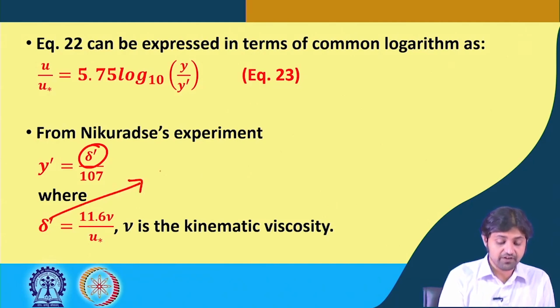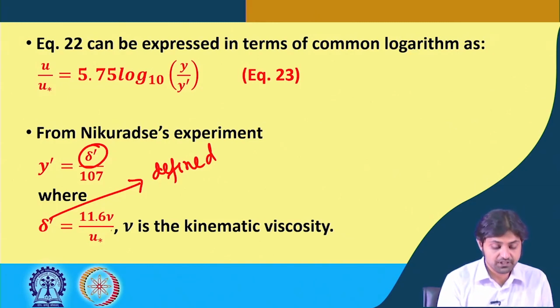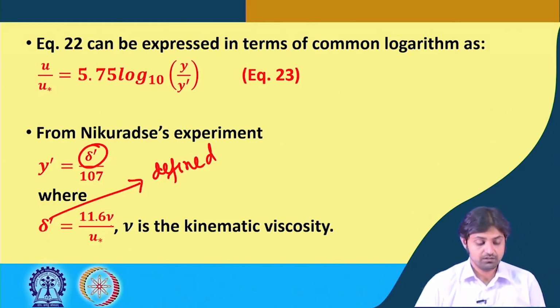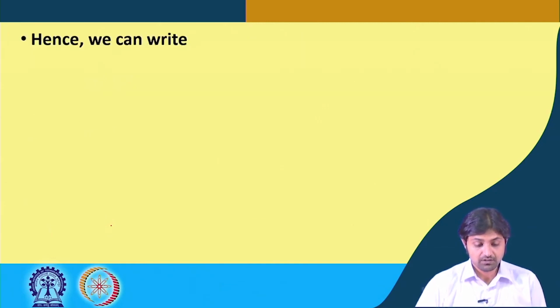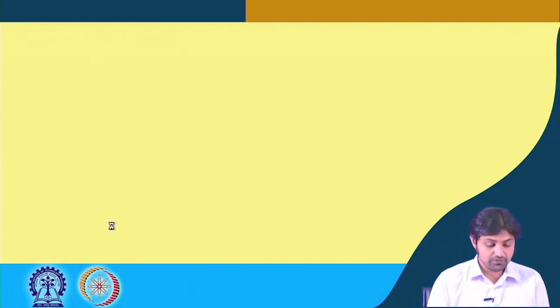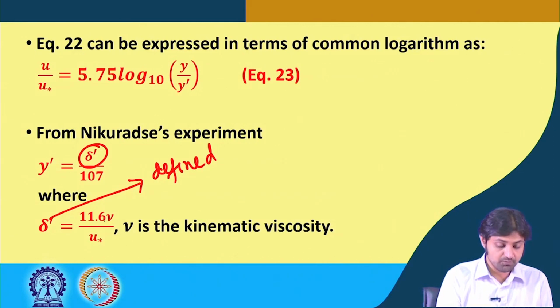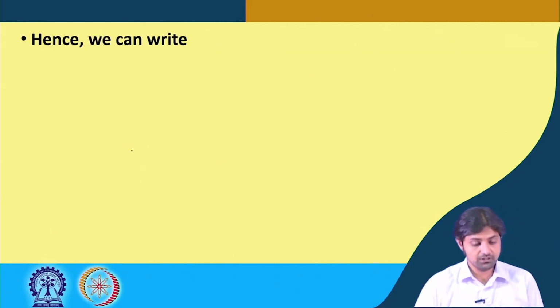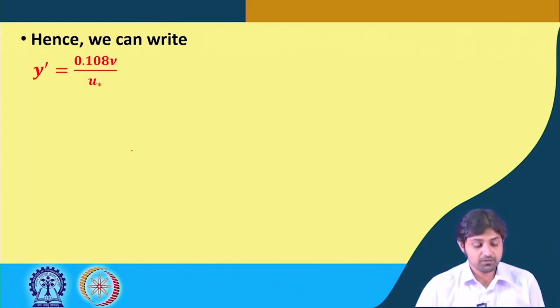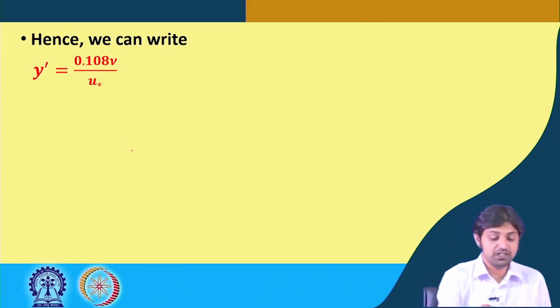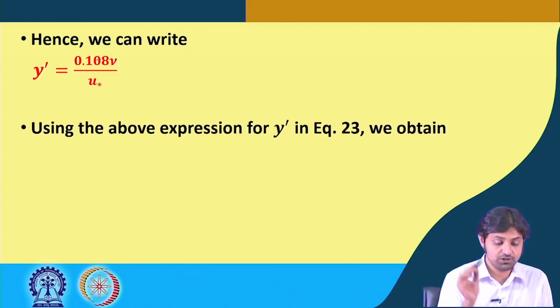We know that delta prime is 11.6 nu by u star. Therefore, if we use this and put it into this equation, we can write y prime is 0.108 nu by u star, just simple substitution.